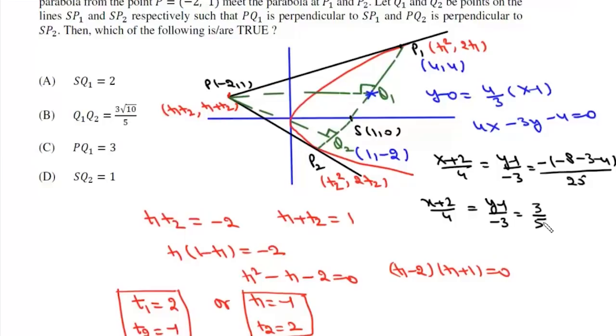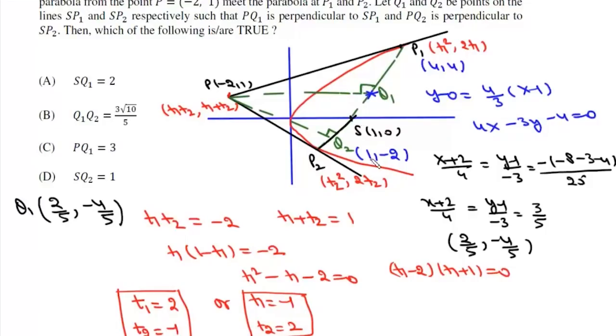Now, this is 12 by 5 minus 2, 12 by 5 minus 10 is 2 by 5. So, in this case, the value of x is 2 by 5. And here it is minus 9 by 5 and plus 1, so there will be minus 4 by 5. So, the value of Q1 will be (2 by 5, minus 4 by 5).